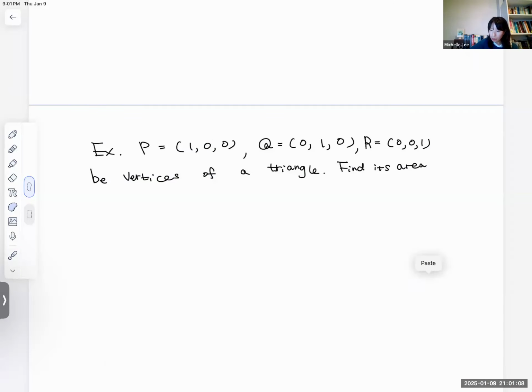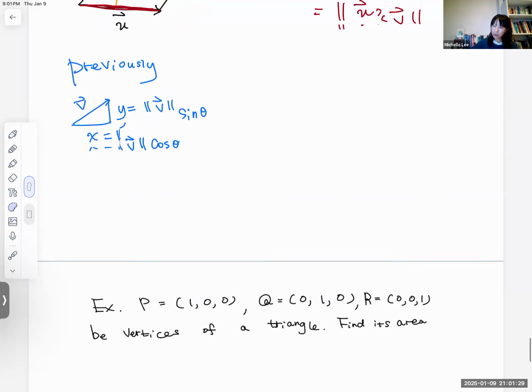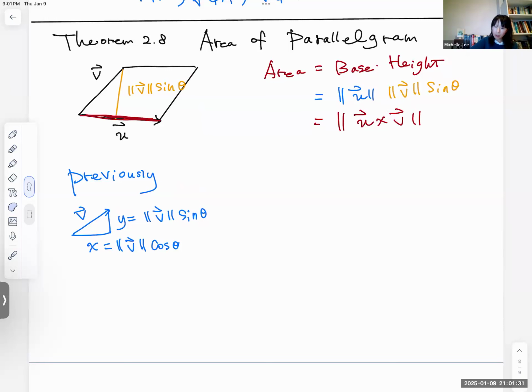Okay, so we have 3 points here, vertices of a triangle. Find its area. We're going to find the area of a parallelogram, then we can find the area of a triangle, right? The parallelogram we can split into two triangles. There's one triangle, there's another triangle.